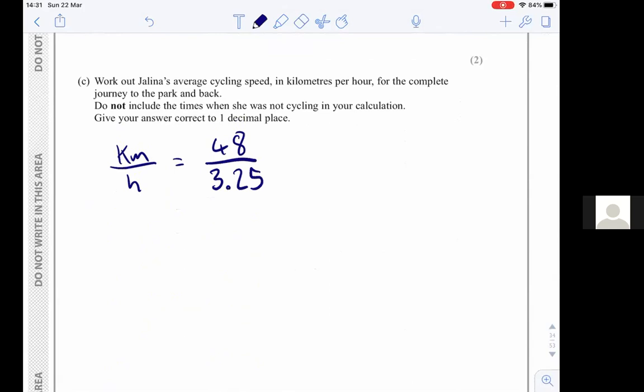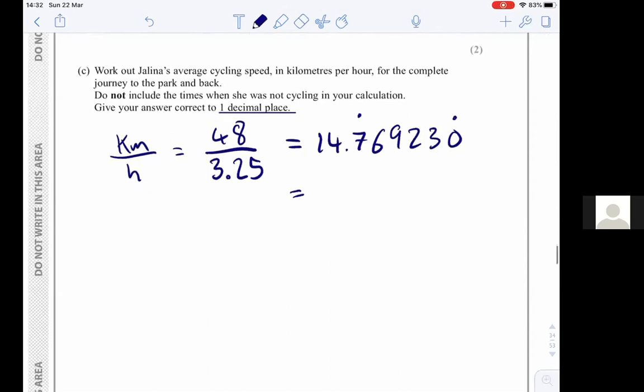But if I do this calculation, 48 divided by 3.25 on my calculator, I get 14.76923, and it's recurring, and we're asked to give our answer to 1 dp, so this is going to be 14.8 to 1 dp.